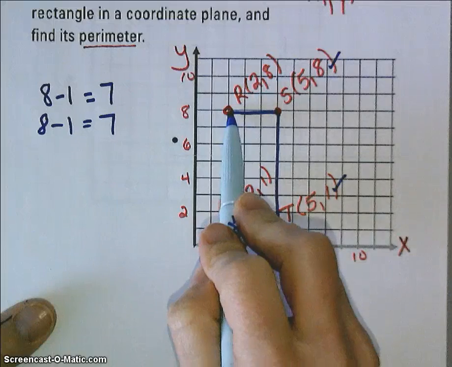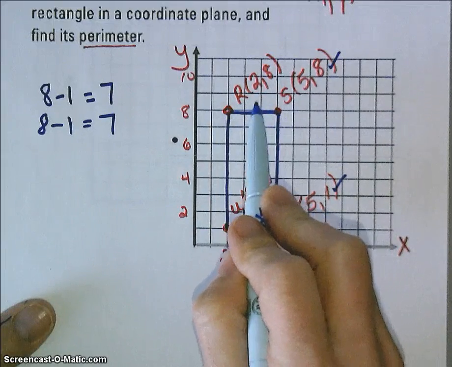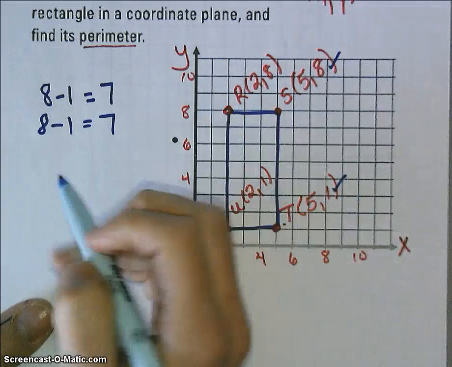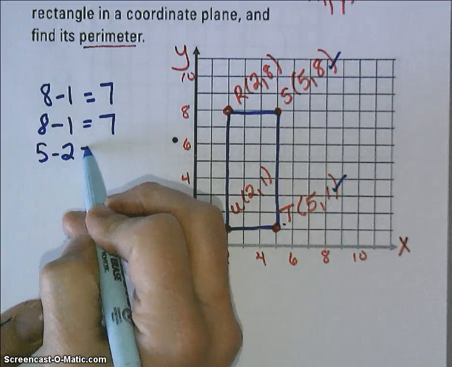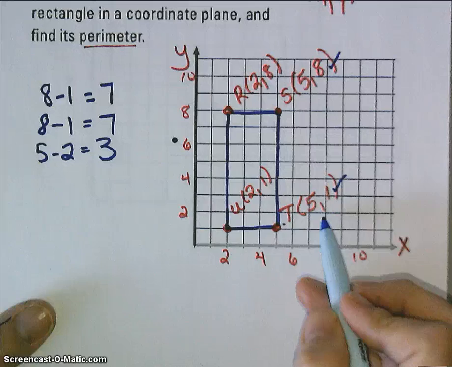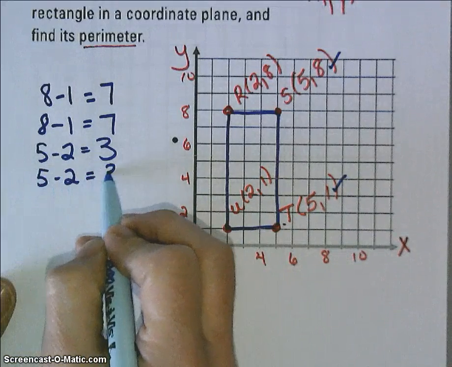Looking at this R and this S, I have 2 to 5, where 5 minus 2 is 3. And looking from U to T, 5 to 2 is 3.